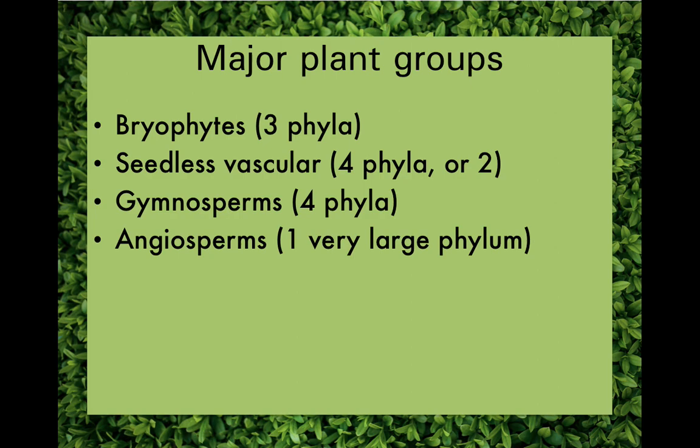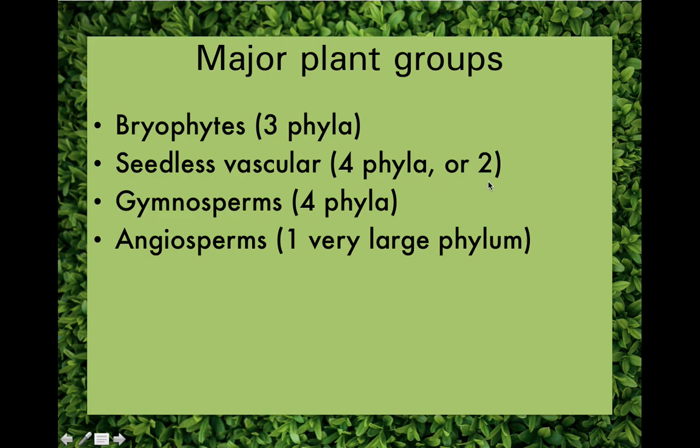So as far as plant diversity is concerned, we've got four major groups of plants in the kingdom. We've got non-vascular plants, sometimes called bryophytes, of which there are 3 phyla. There are seedless vascular plants, of which, well, I'm going to tell you there are 4 phyla, but some people consider that there are 2.